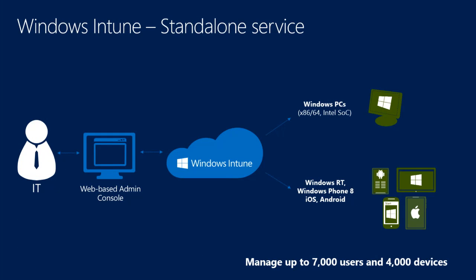Well, I mentioned we've got the web console for Windows Intune, which talks to our cloud services in the Windows Intune cloud, and through that you can manage the Windows PCs or you can manage the devices. And the platforms we have up there for the mobile devices, we support Windows RT, Windows Phone 8, iOS, and Android devices for management through Windows Intune.